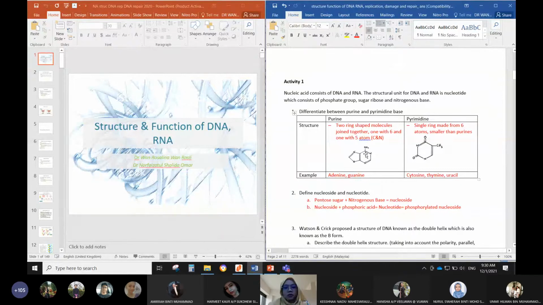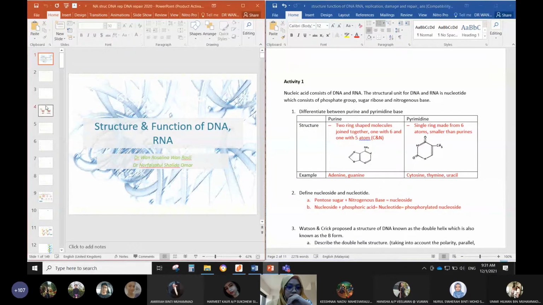Okay. So for the first question, the most basic structure when we're talking about nucleic acids would be your purine and pyrimidine. We would have to understand the structure in order to understand eventually how the DNA helix is formed. The structural unit for DNA and RNA is the nucleotide, and this consists of the phosphate group, the sugar ribose, and the base.